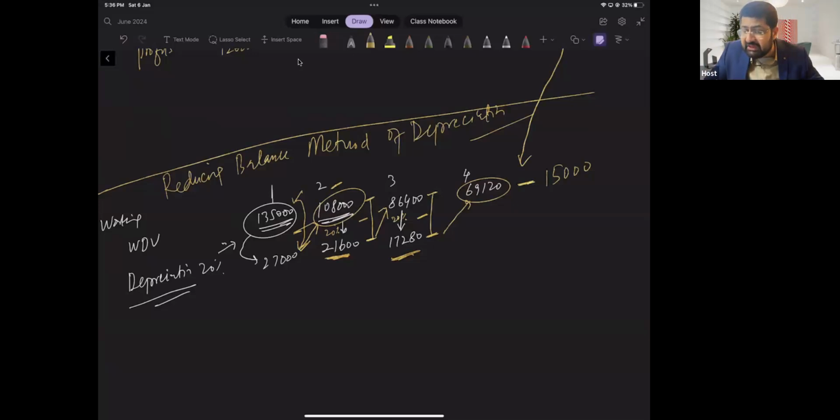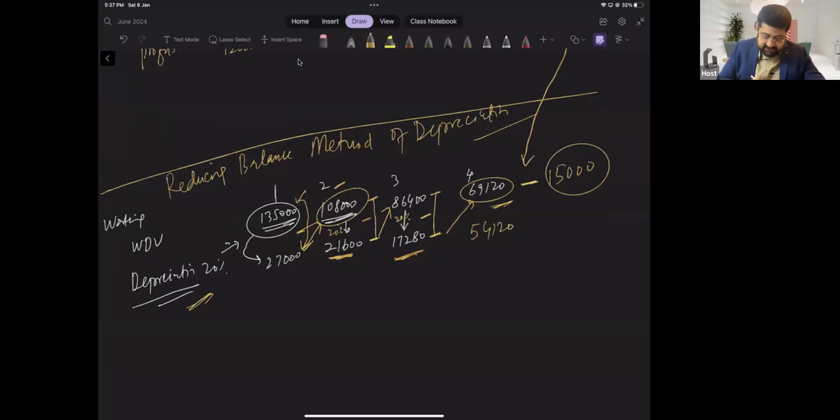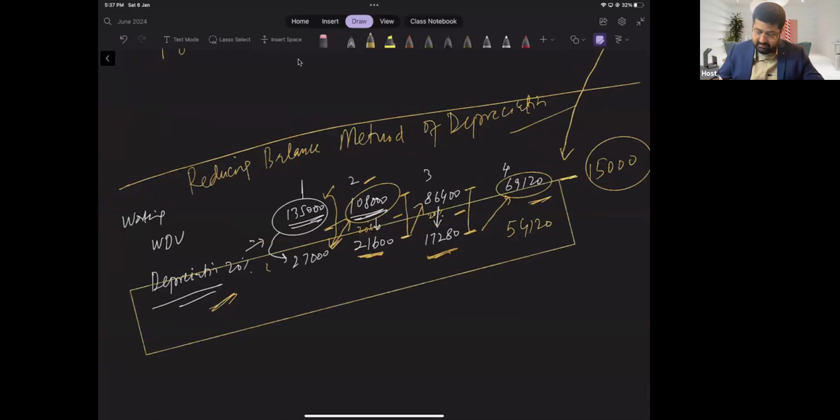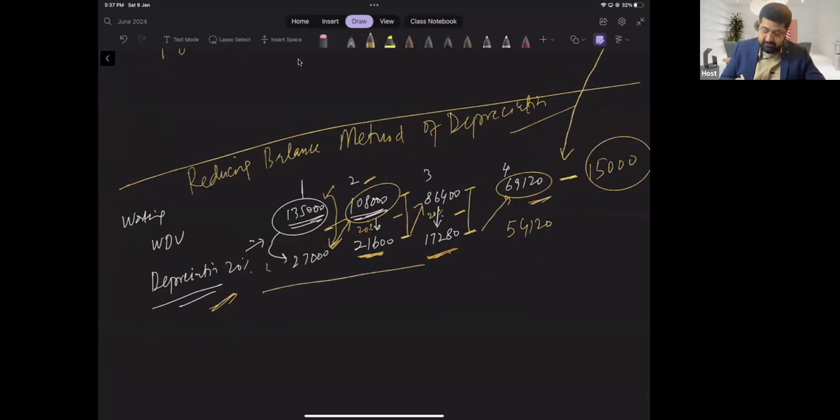It can be sold for 15,000. What is the depreciation or capital allowance? The difference, it will be recovered only. The remaining will be charged as capital allowance, 54,120. This minus this, it will be charged. So we have found depreciation here. These four are depreciation. Is that clear to everyone? 1, 2, 3, and 4.